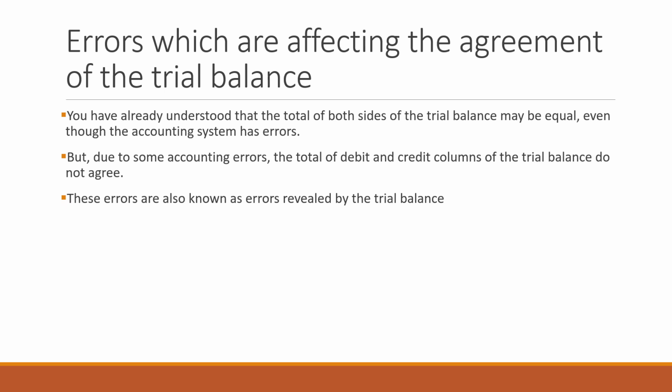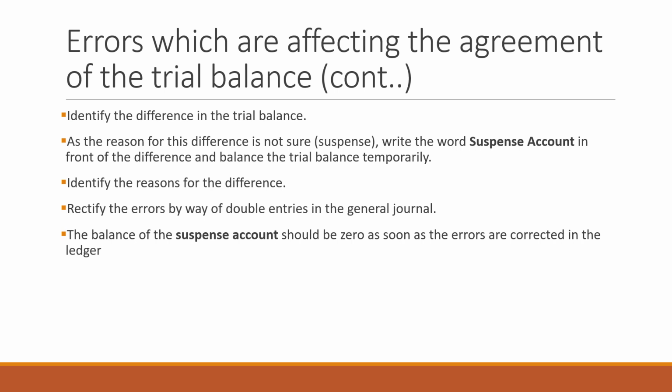But if for some reason an error occurs in one part of the accounting, therefore the total columns of the trial balance do not agree. These errors are revealed by the trial balance.